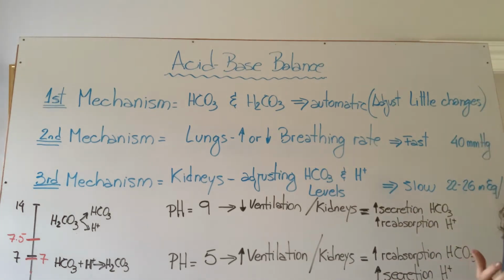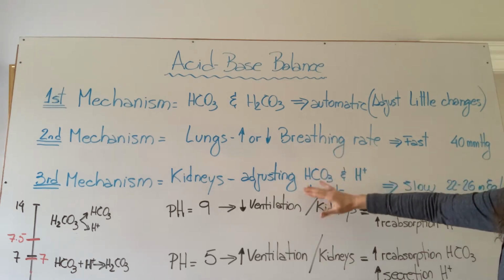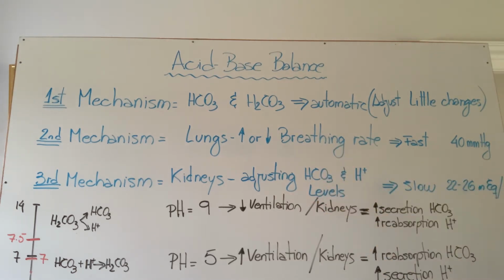So if we have a significant drop or a change, either below or above the normal level, that cannot be adjusted by the respiratory system, it is the kidney that supports that action. But it's a little more complex because it's always adjusting the levels of bicarbonate and hydrogen.